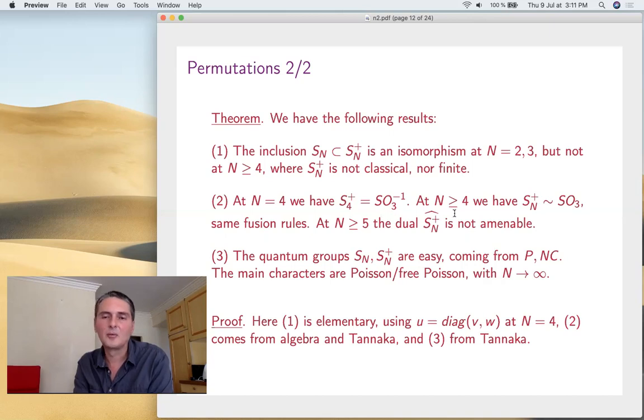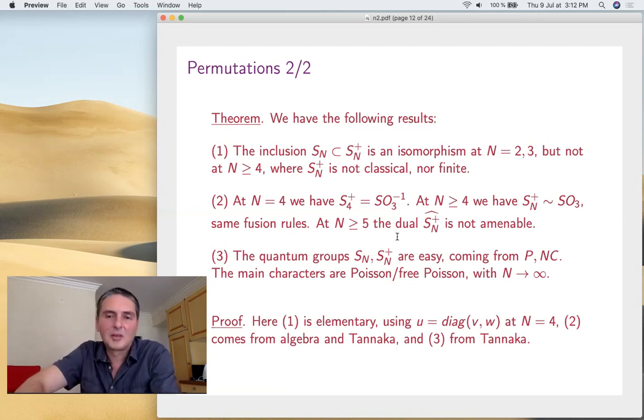And you can prove it in general, at n greater than 4, that Sn plus has the same fusion rules as SO3. So in particular, if you use Castagnet's ability to have an analog of that, you see that at n is 5 or more, not only is it not finite, but it's not co-amenable, Sn plus. It's really very strange. It's really big somehow.